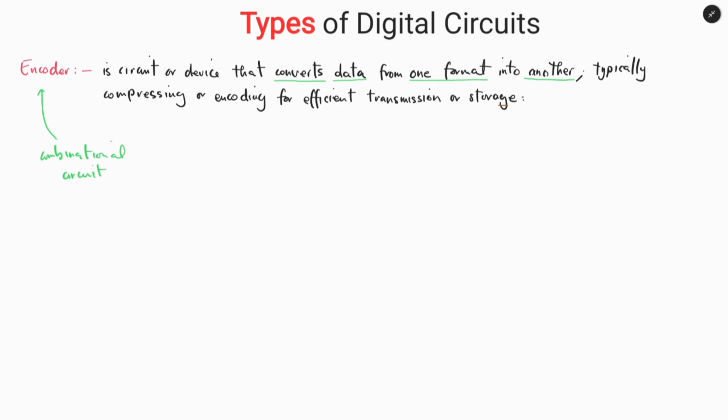it typically compresses the data for efficient transmission and storage. Now, the important thing, we have information in one format, and this encoder will now compress this information.